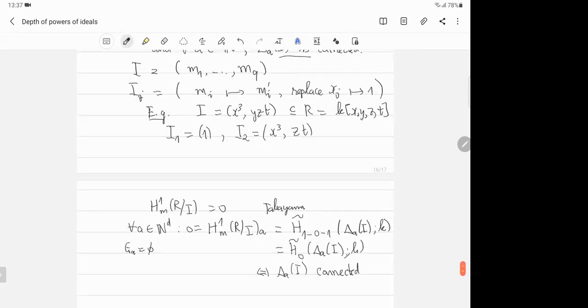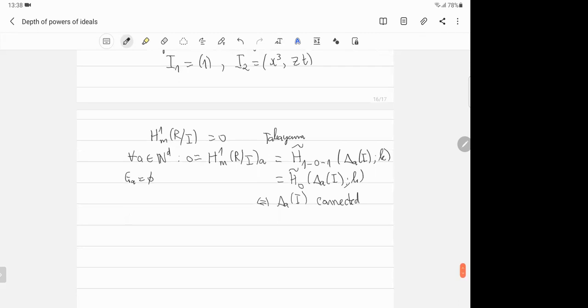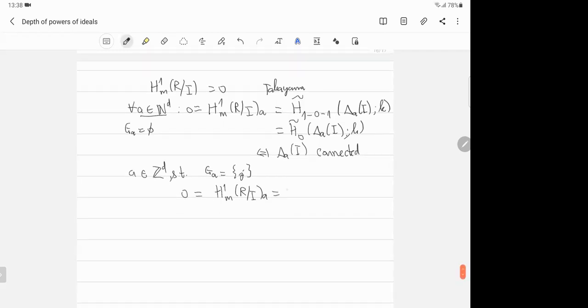And for this condition, the reason is, for example, you take a in Z^d such that a has one negative component. Let's say G_a equal to {j}. So then what happens? You also have this vanishing in a.